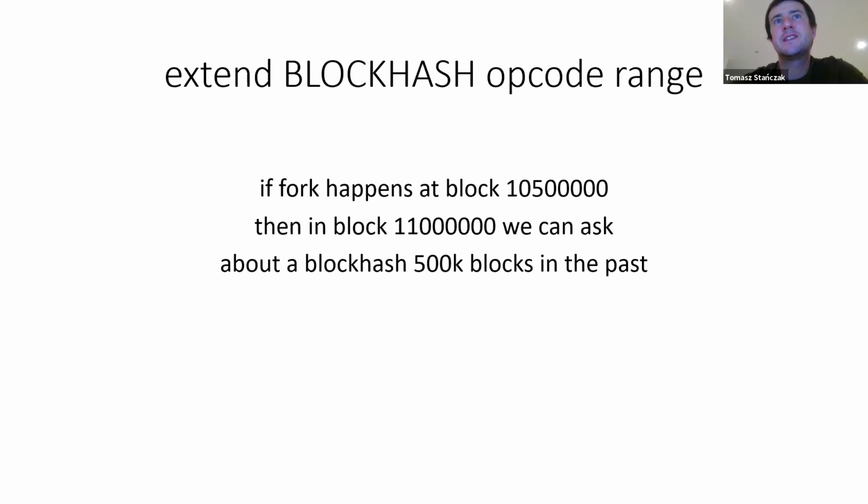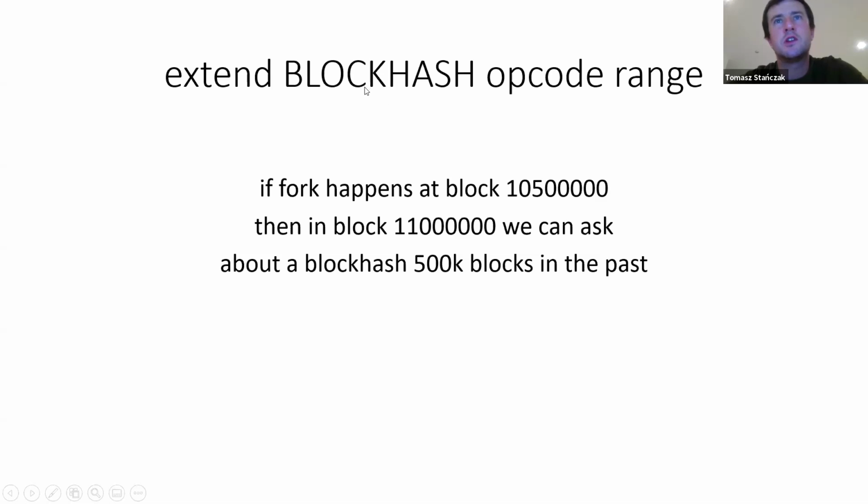How we do that: we extend the BLOCKHASH opcode later for inclusion of any range requests beyond 256 blocks, all the way to the fork block for EIP-2935. So if the fork for 2935 happens at 10,500,000, then we can ask about the block hash of that block, even in block 11 million inside the EVM.